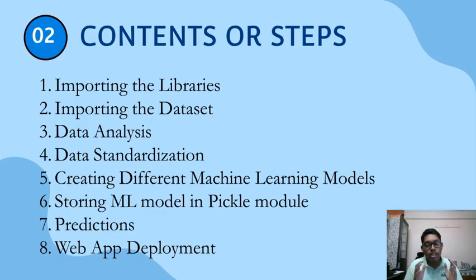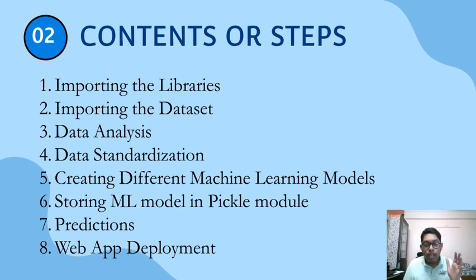Coming to the steps involved in this project. First, we are going to import the libraries. Second, we import the dataset. Third, we analyze and visualize the dataset. Fourth, we standardize the data using a data scaling method, that is min-max scaler.